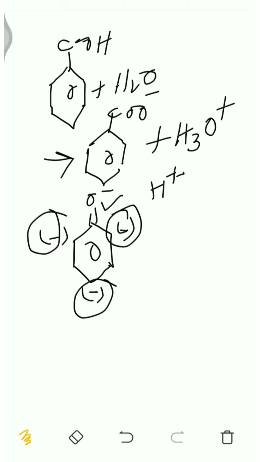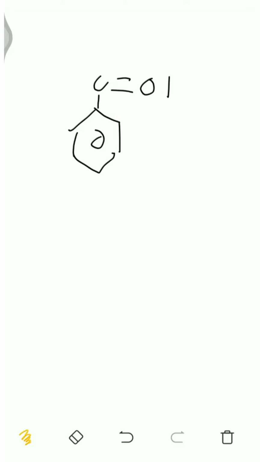Now let us focus on the resonating structure of the carboxylic acid. So the carboxylic acid takes this form after resonating: C double bond O, and correspondingly the OH. So let's just delete this one.